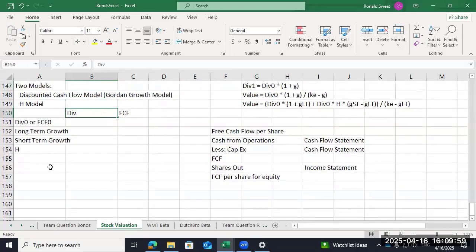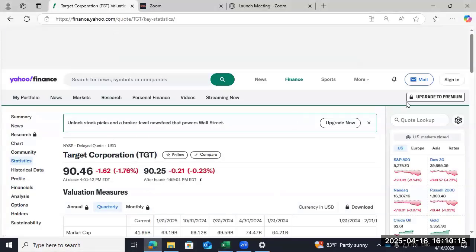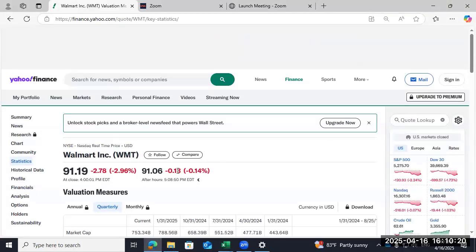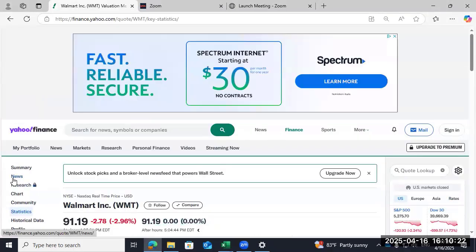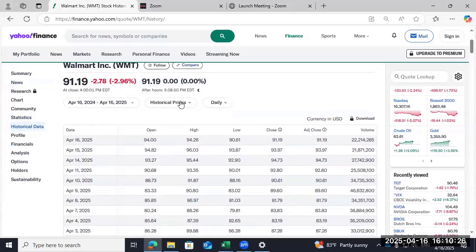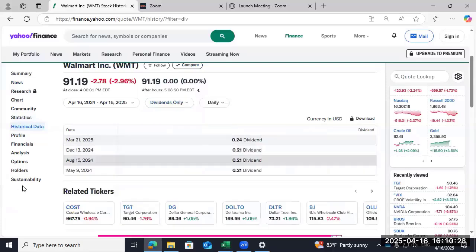So let's get dividends per share. Dividends is pretty simple. You can get this from Yahoo Finance. Many of your companies, that's going to be 0, so you can't use dividends per share. But for Walmart, we just find Walmart and you go to historical data, and then you just change it from prices to dividends, and you got it.